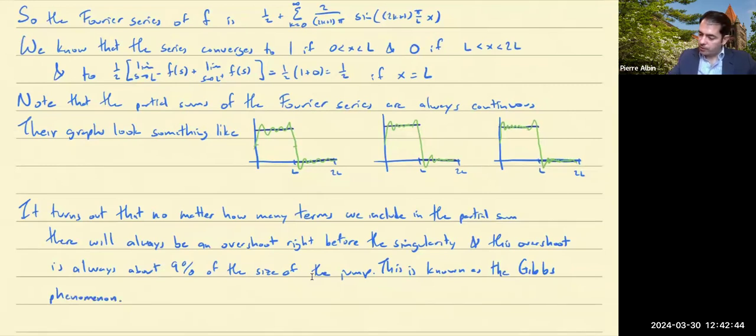Right? So see over here, as you take more and more terms, the oscillations get smaller and smaller because you are, of course, converging to this function, right? As you include more terms, this overshoot moves further and further to the left here or to the right here. It's approaching the singularity, right? But what's remarkable is that the size of the jump, how far you go over, doesn't change. You're always going up by about 9% of the jump.